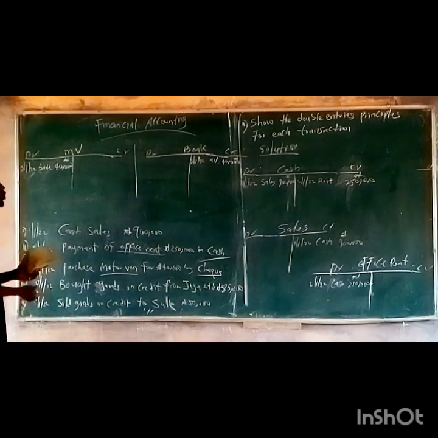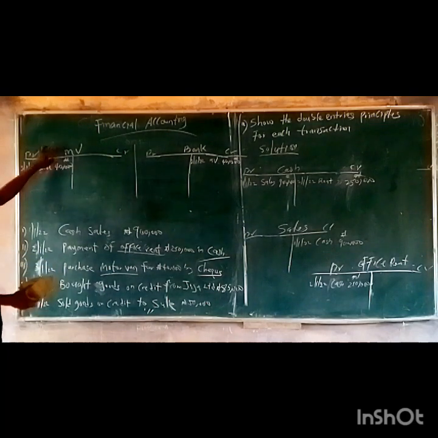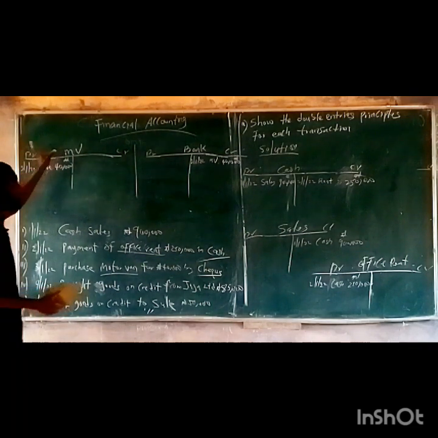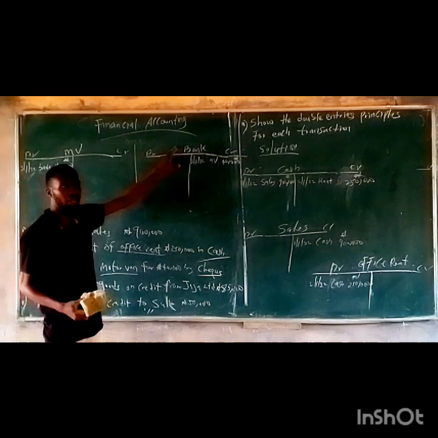So now, what will be the effect there? There is an increase in the value of the asset, which is the motor van, the fixed asset, or we call it the non-current asset. That is the effect of that. Then in the bank, there is what?